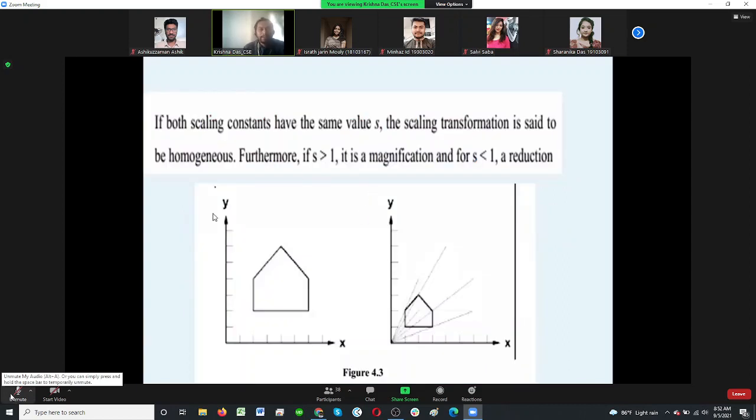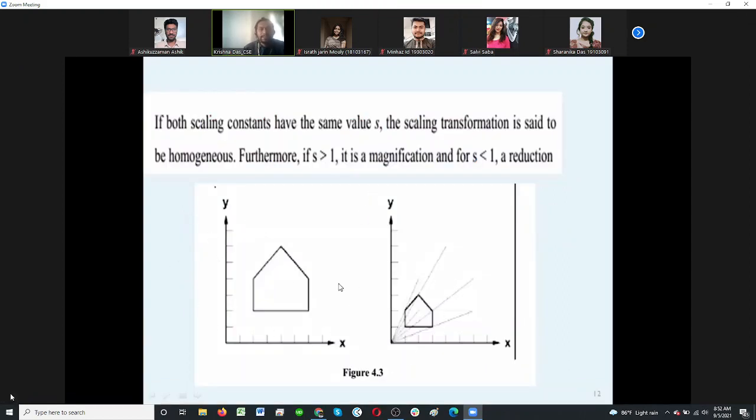Okay. We have also discussed translation like this one, as you can see that their scaling factors are the same in both. Same means equal, like s of x is 2, s of y is 2. So what is happening? The x coordinate, that object is expanding up to a factor of 2 units, and the y coordinate is likewise extending up to a factor of 2 units, so that the object does not change its shape.